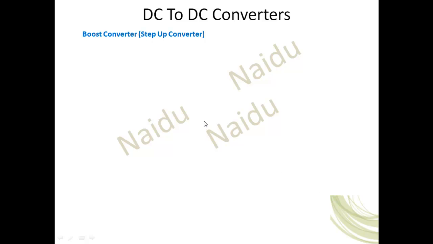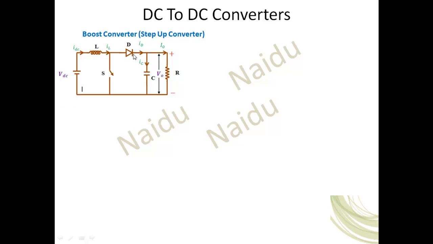The boost converter is more or less the same as the step-up converter we discussed in the case of choppers. The only difference is the capacitor. There is an inductor, and the capacitor will act as a filter.